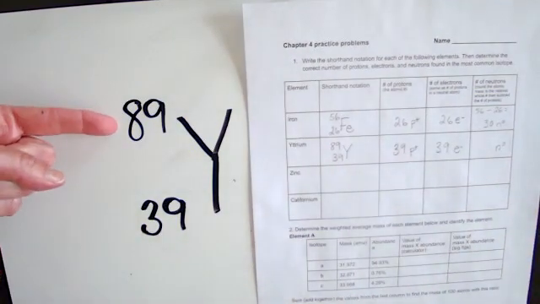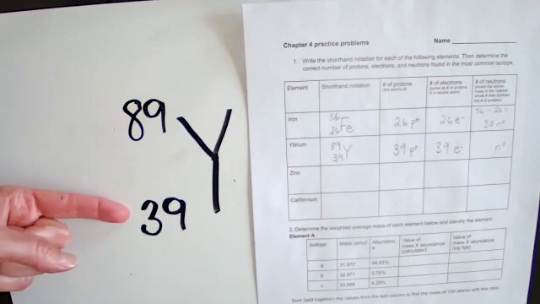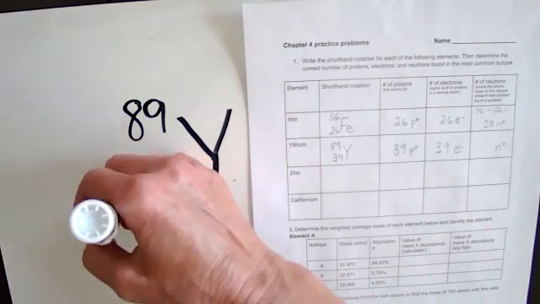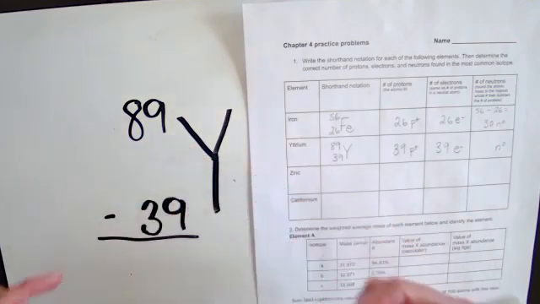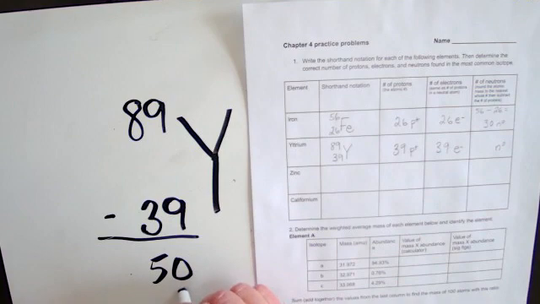And then to get the number of neutrons, we take the mass number and subtract this number from it. So there's a nice trick that you should know. If you have these set up correctly in shorthand notation, then if you subtract the lower number from the upper number, this should give you the number of neutrons.